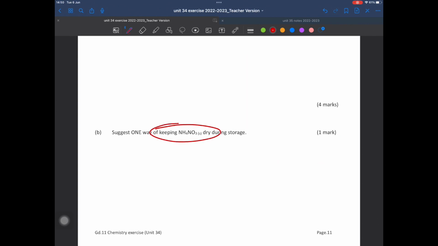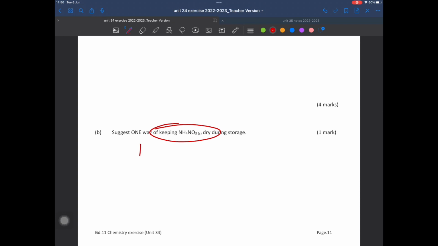Next, suggest one way to keep the ammonium nitrate solid dry during storage. Now, many of you just mentioned use calcium hydroxide or calcium oxide or use a drying agent. Well, this is not enough, because how can you interpret the term use, right?